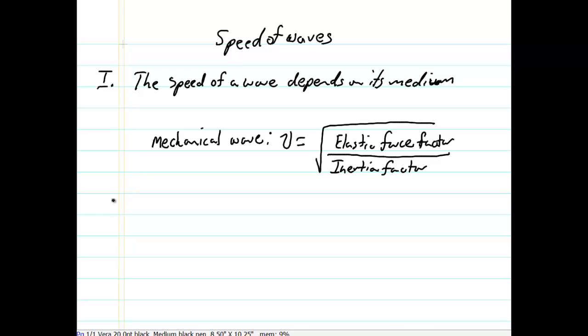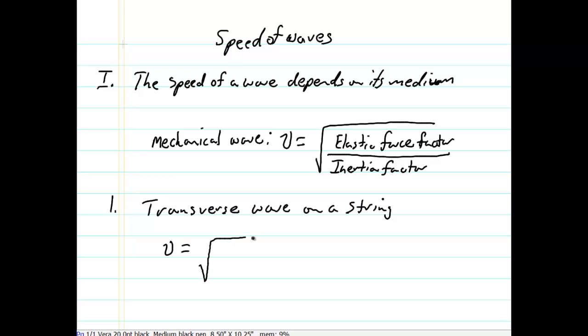Now, let's first consider a transverse wave on a string. In this case, the speed depends on the square root of the tension, which represents the force factor, divided by the mass per length.